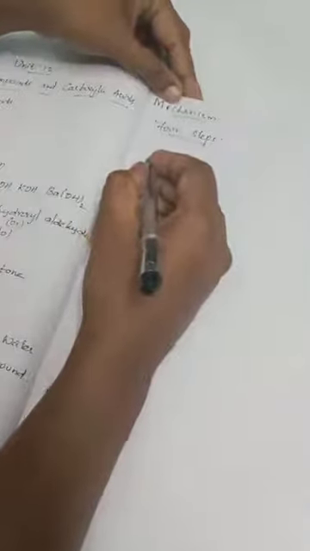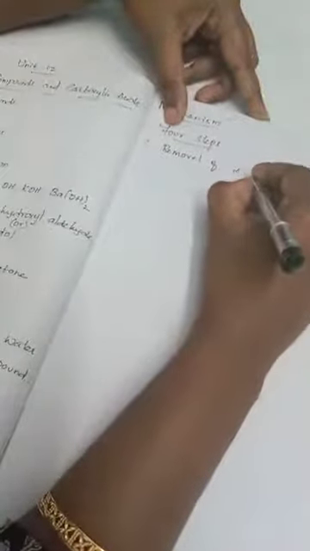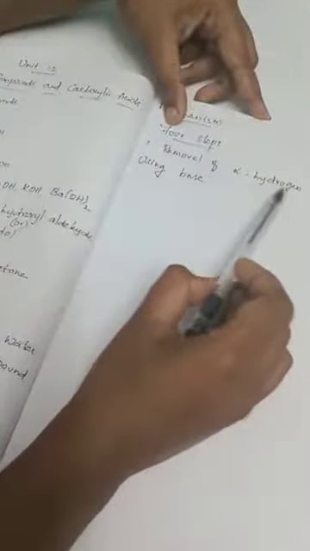Listen students, now we are going to carry out the mechanism of the aldol reaction. The mechanism takes place in 4 steps. First step, removal of the alpha hydrogen atom by using a base.